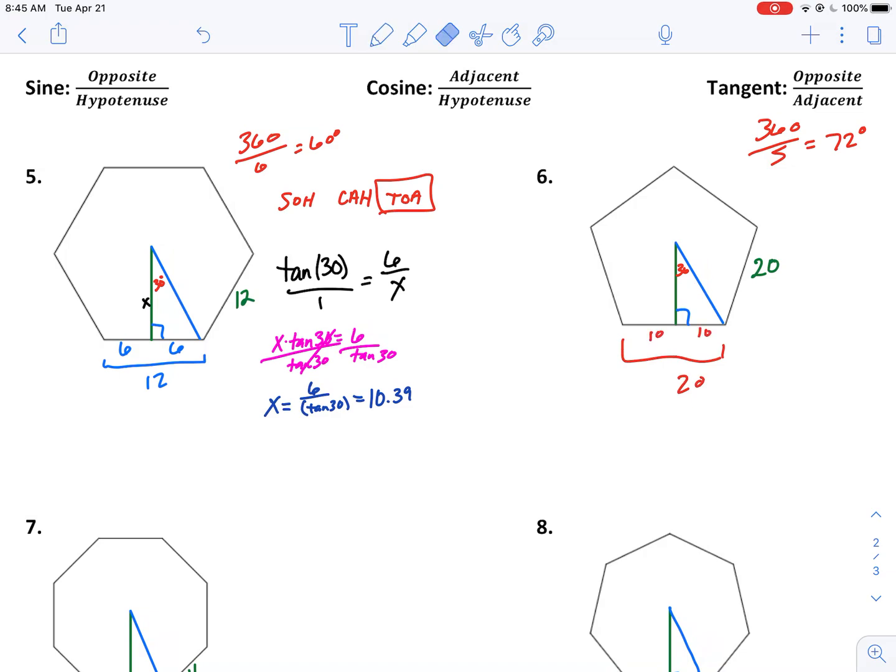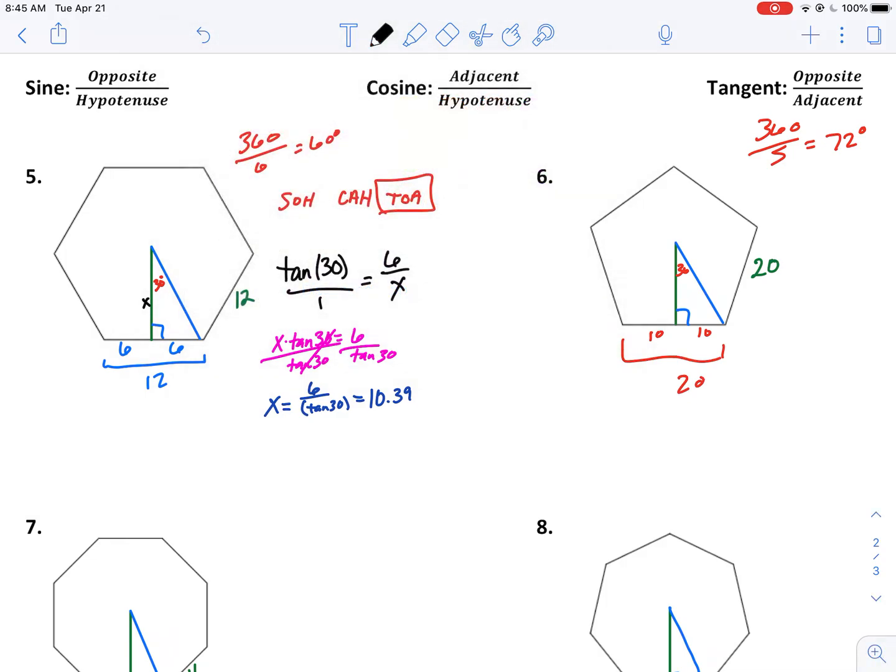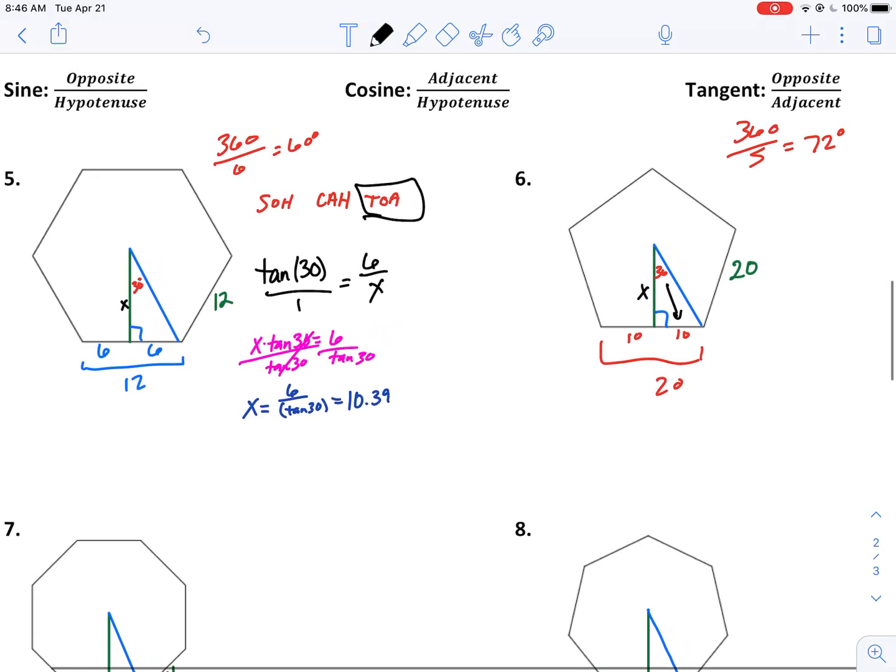So if this is 72, then half is going to be 36. Okay, so we're going to split a lot of things in half here today. This is 20. I got 10 and 10.